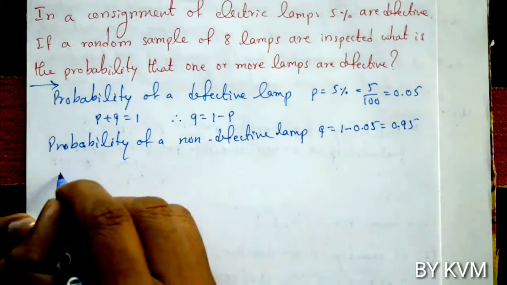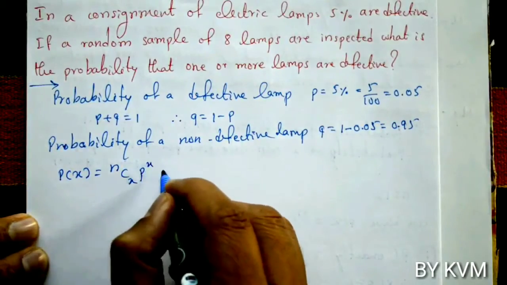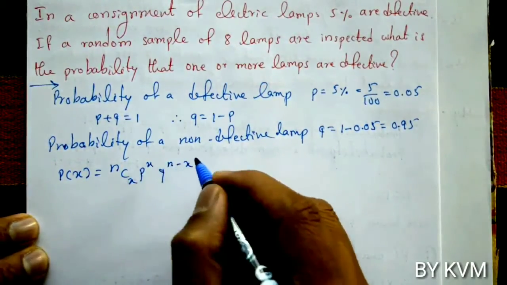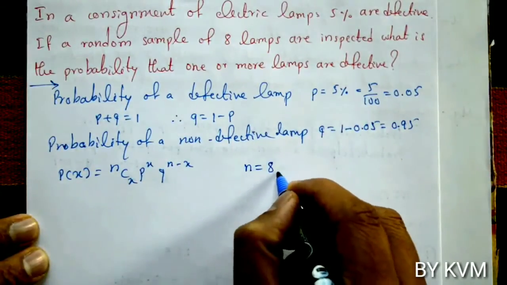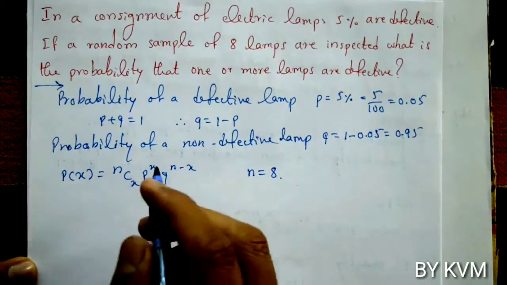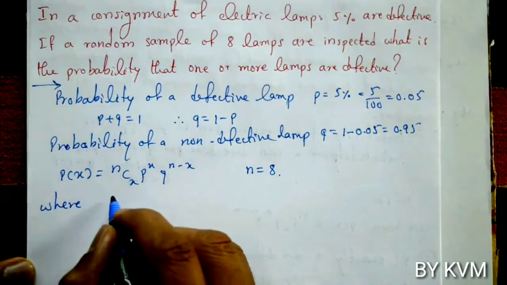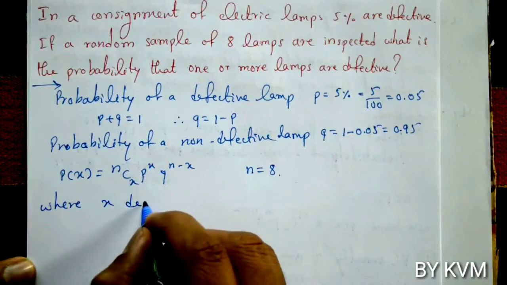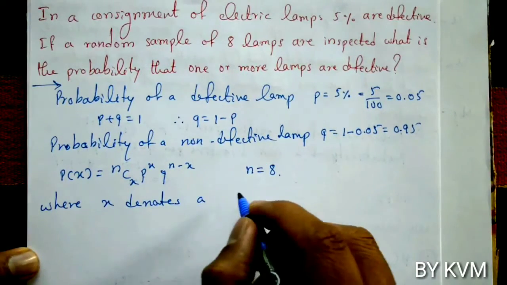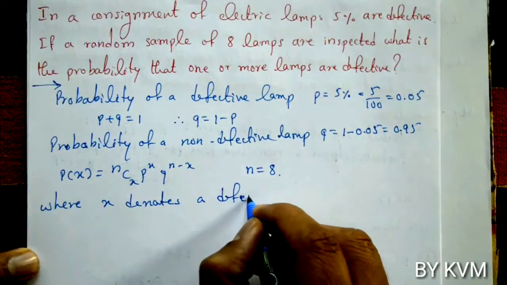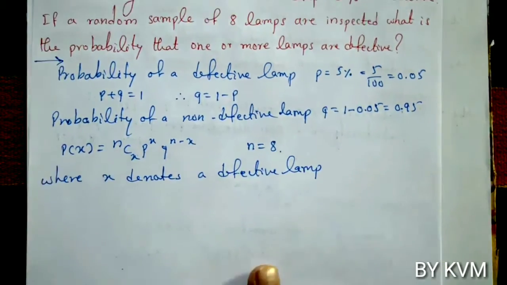So now by binomial distribution, the probability function is P of x equals nCx P power x Q power n minus x, but here n is 8 lamps, and x denotes the defective lamps.